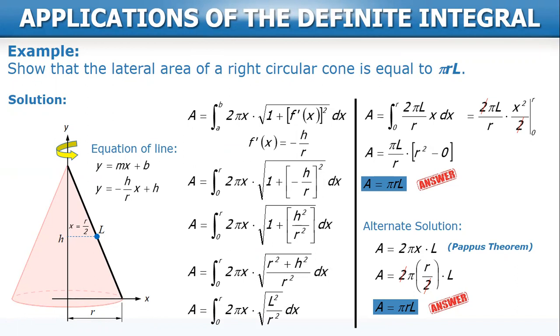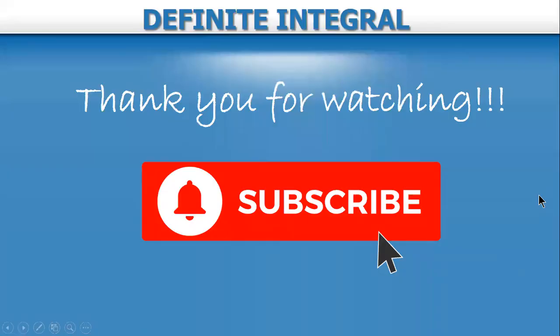It depends on the problem. Just always remember that it is the radius. So that's it. I hope that you have learned something from this discussion. Thank you for watching.